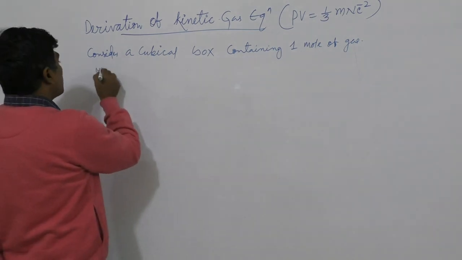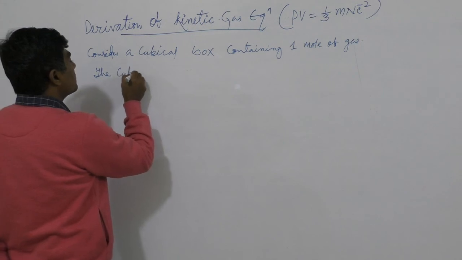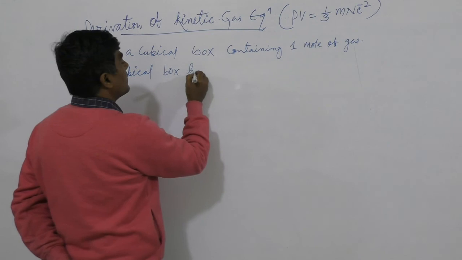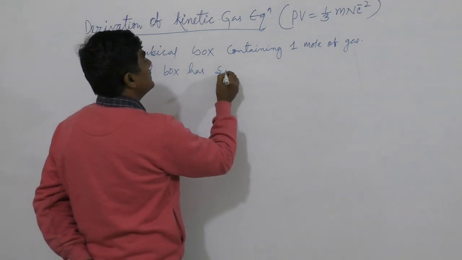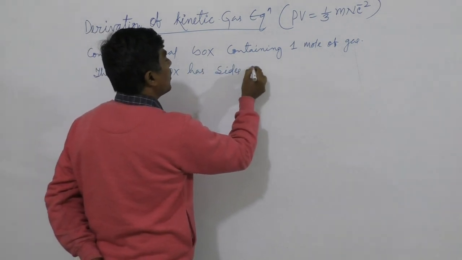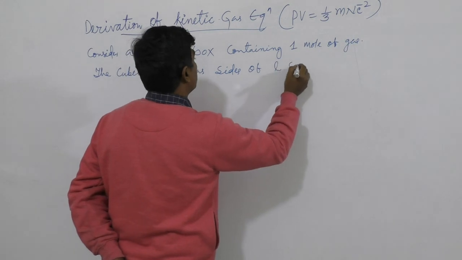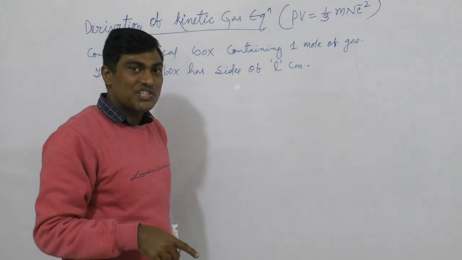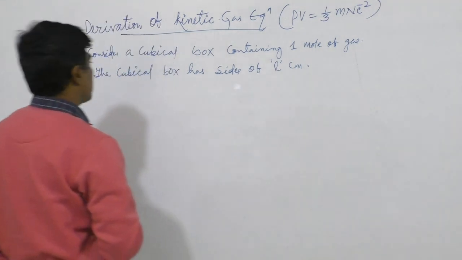The cubical box has sides of L centimeter. Each side of the cubic box is L centimeter.